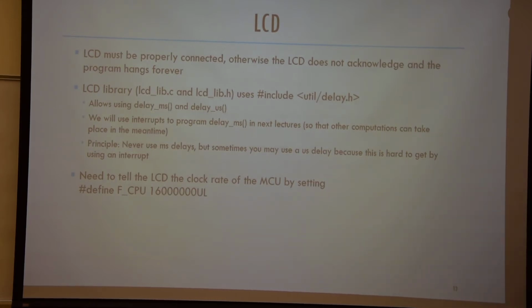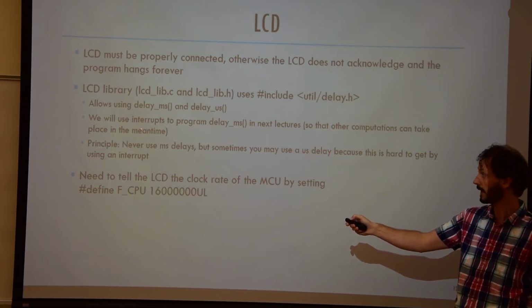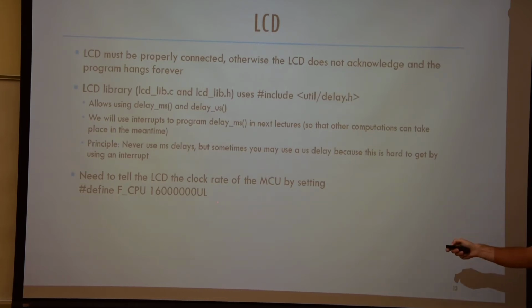Now I will explain to you why. First of all, I'd like to stress that later, next block, we will use interrupts to eliminate the delay millisecond functionality. We will keep the delay microsecond functionality because that is actually very hard to do using interrupts. Now if you want to use this delay stuff, then you need to also make sure that F_CPU is defined to be equal to the right clock rate.